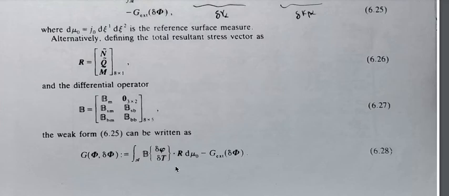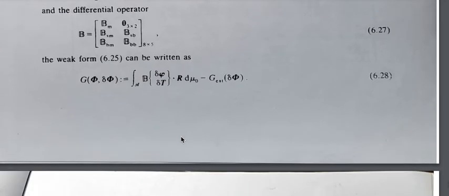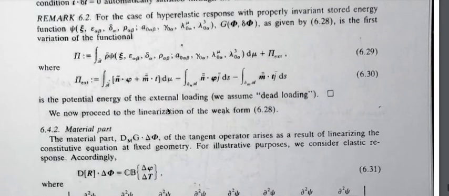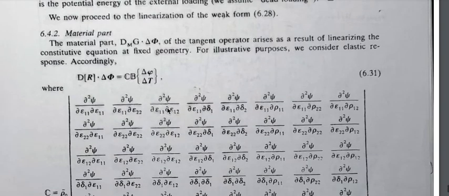This is the revised version of equation 6.11, the same nonlinear equation expressed in terms of these matrix differential operators and dotted with the r vector, and this whole thing is now in the undeformed configuration. That's how we have this updated expression of the variational energy functional. Okay, and this we are now going to linearize.